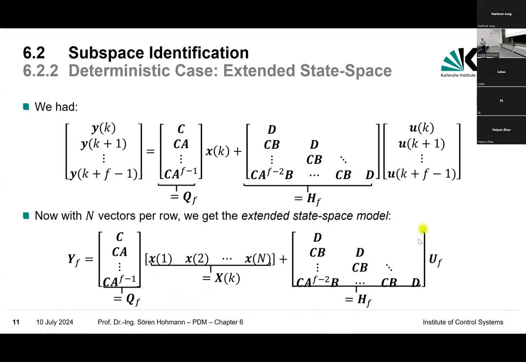And then I have still the input values with the parameters D, CB, etc., and UF. And the only thing I know is UF. Unfortunately, the matrix HF is unknown. QF is unknown, so we are looking for HF and QF.